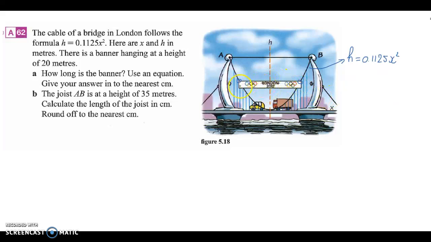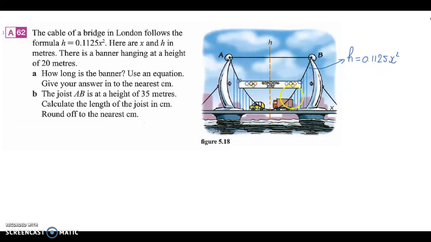As you can see, the banner is hanging over here, and the points of the banner at the left and at the right exactly match with the parabola of the bridge at this point and this point. So you know at that point the height will be 20 meters. So the h here is 20.